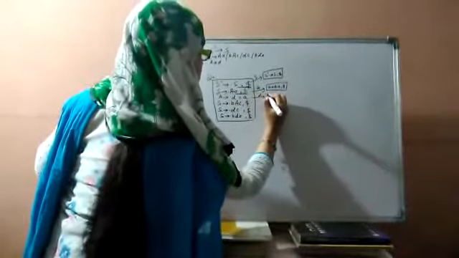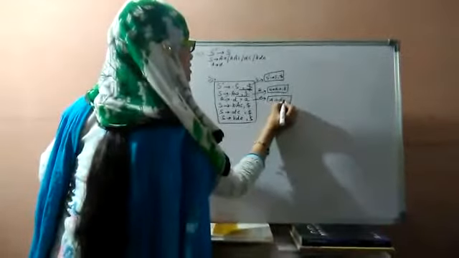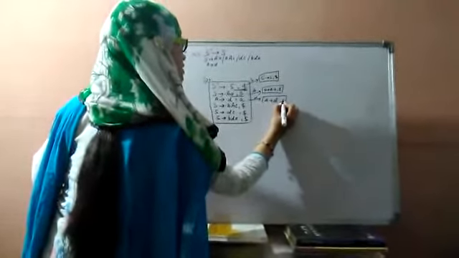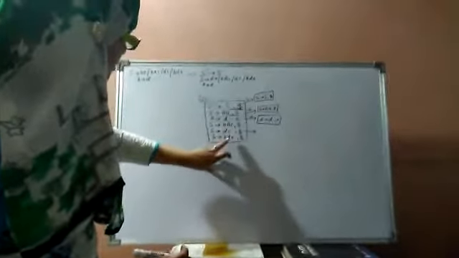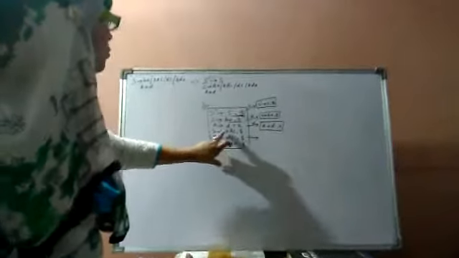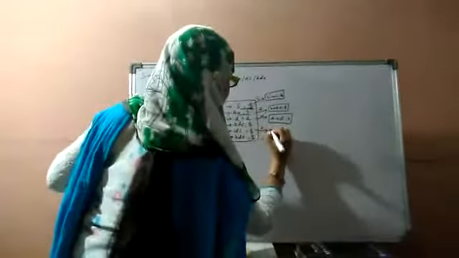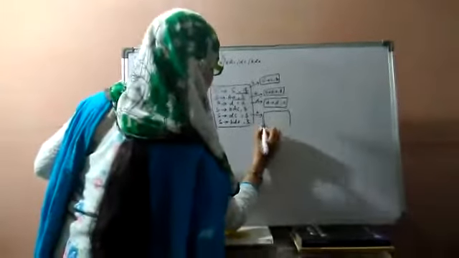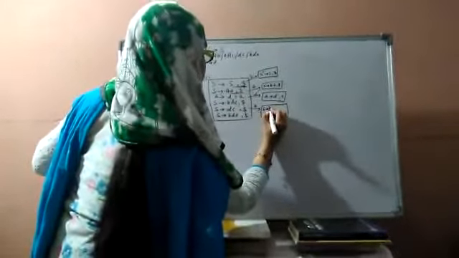From D, A to D dot A. Then from B, we can move the dot, so B dot A C and dollar.